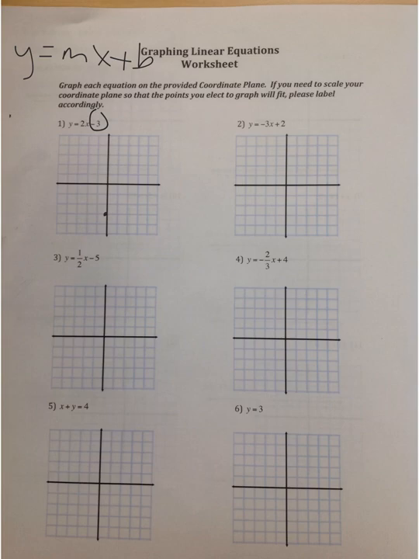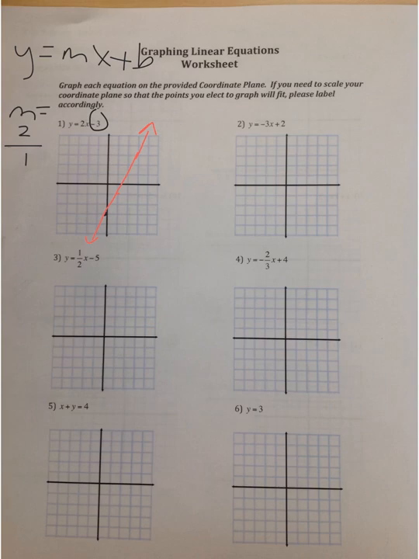Our slope in this case is 2. I'm going to put a 1 underneath it just so I can remember. I am going to rise 2 from that y-intercept, 1, 2, and then go over 1, and then you're going to use your straight edge and please extend all the way. It's going to make a difference when we shade.